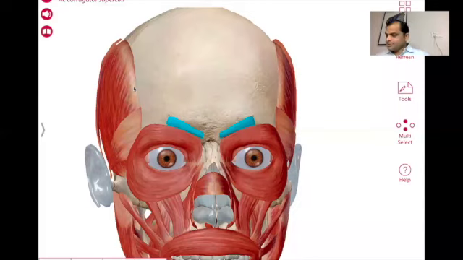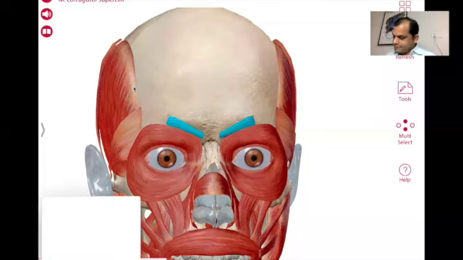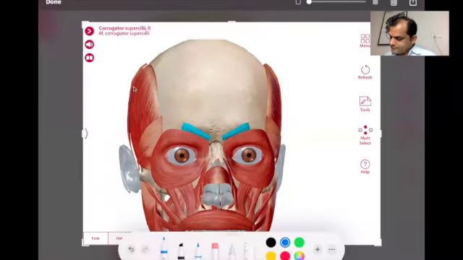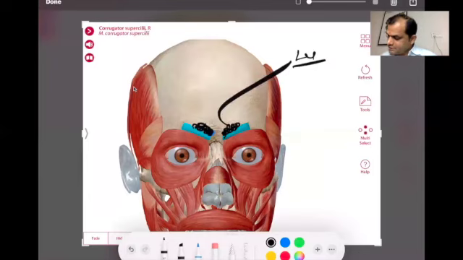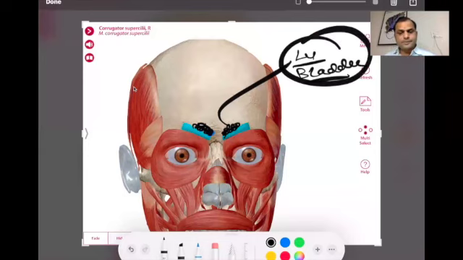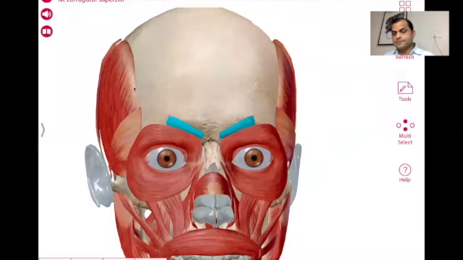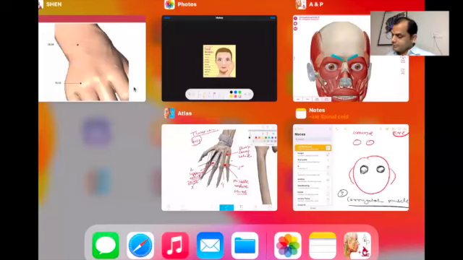And as per acupuncture, this area is connected with the lungs as well as with the bladder. If you want to see how it is connected with the bladder, I will show you right now. Let's see this image.